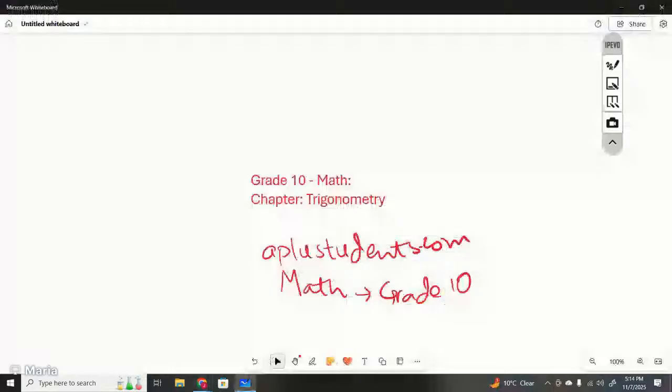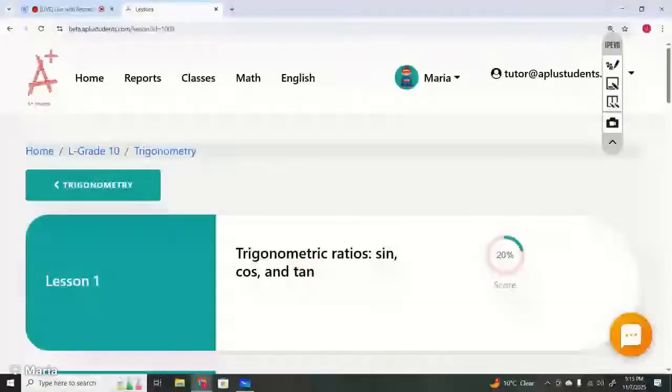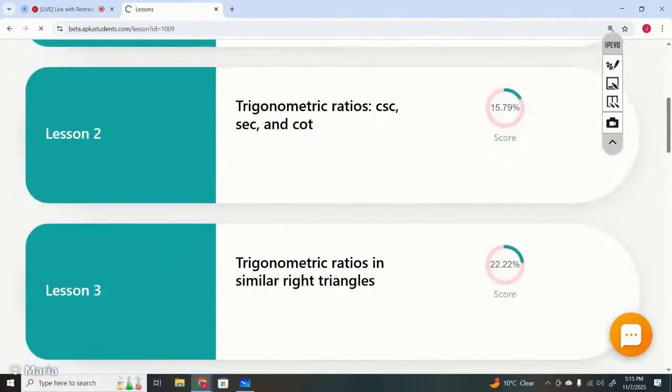The next lesson is trigonometric ratios, cosecant, secant, and cot.